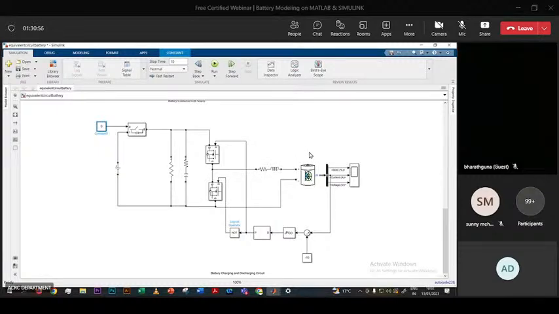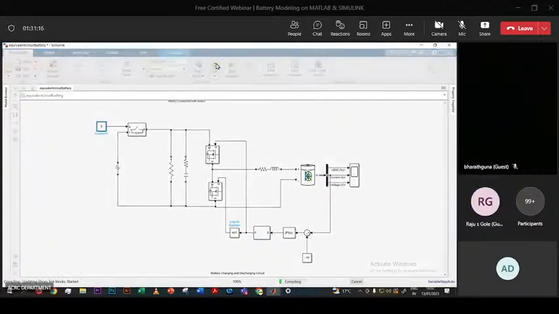After disconnecting the charging source, I don't have this source. So I have put 0 here, which means this switch is not turned on, it's turned off. This one is my load, and this one is my bidirectional converter. So what will happen? The battery discharges. Okay.